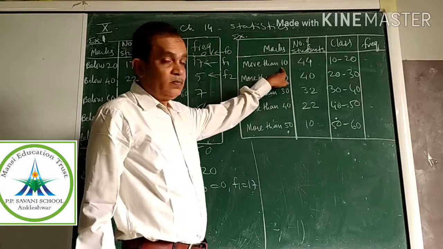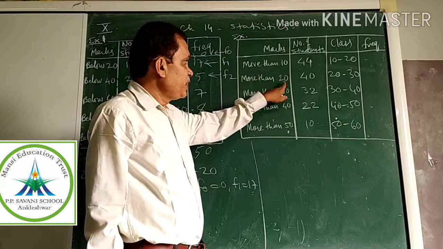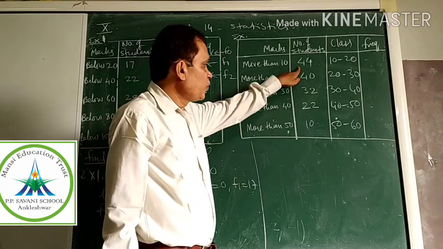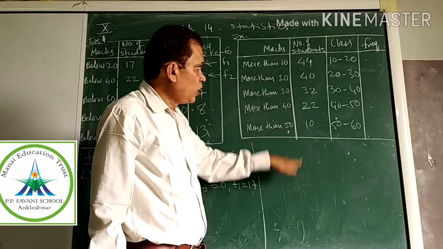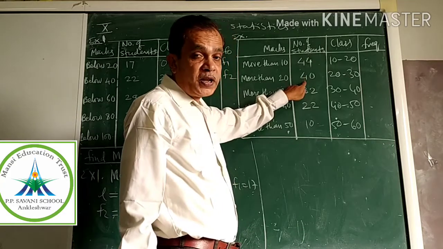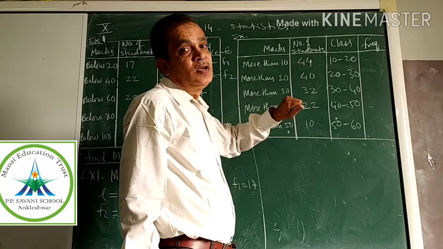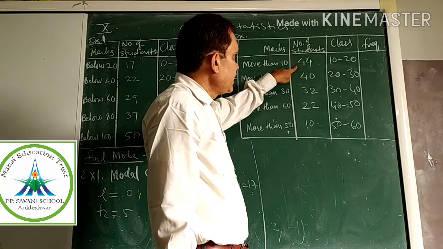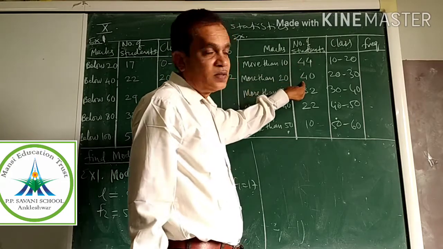More than 10. More than 10 means maybe 20, 30, 40, 50 also. Yes or no? So this 44 is there. 44 includes all. 44 includes this 40. So more than 10, so 10 to 20, I will take 44 minus 40, 4.